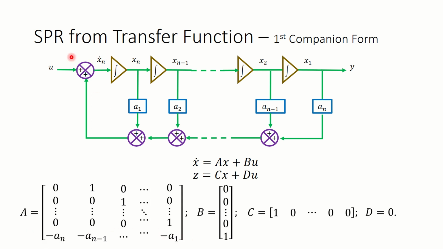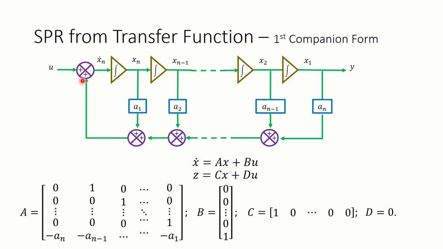First, u is coming here, and all these other signals, x1, x2, x3, x4, up to xn, get scaled by these coefficients. Like you see, xn gets scaled by a1, x1 gets scaled by an. So all these are added, and then coming through this.